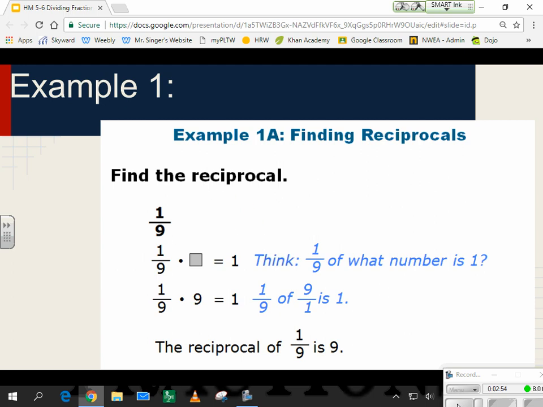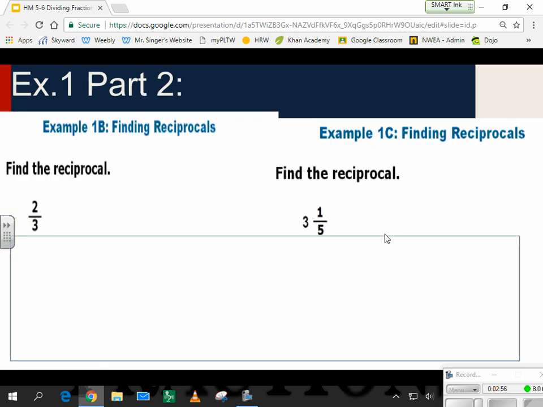All right, let's look at another one. Actually, we'll look at 2 here. So we have to find the reciprocal of 2/3. So all you got to do then is just flip the numerator and the denominator, and you get 3/2. Now, if you have a mixed number, the first thing you have to do is turn it into an improper fraction.